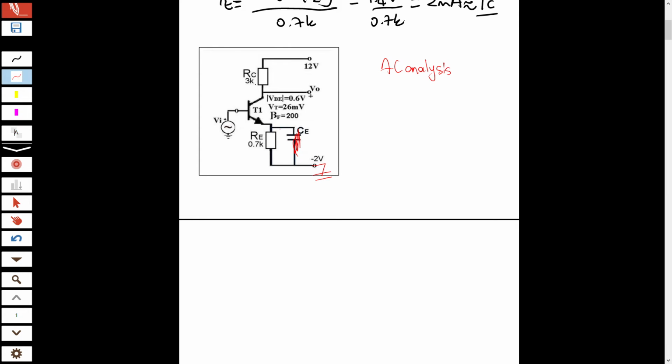So this resistor is short circuited in the AC case. Also this DC voltage supply will be grounded and V base directly equals VI. So in the AC case, my circuit becomes like this. Here VI, the emitter is grounded. Here at the collector, there is RC, which is 3K.